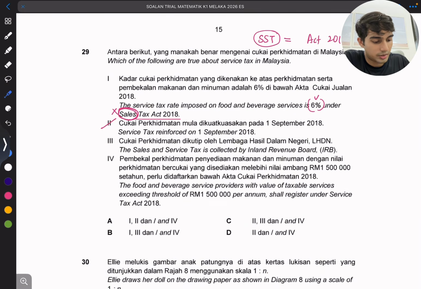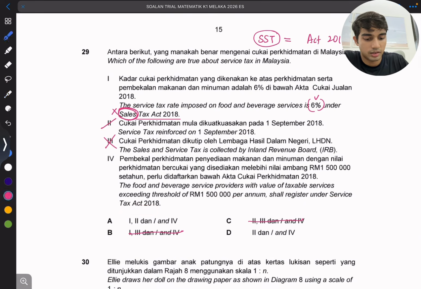The sales and service tax is collected by the Inland Revenue Board. No. LHDN calculates your income tax, not SST. So number 3 is wrong. This is wrong. Number 4. The food and beverage service providers with value of taxable services exceeding 1.5 million per annum shall register under the Service Tax Act.